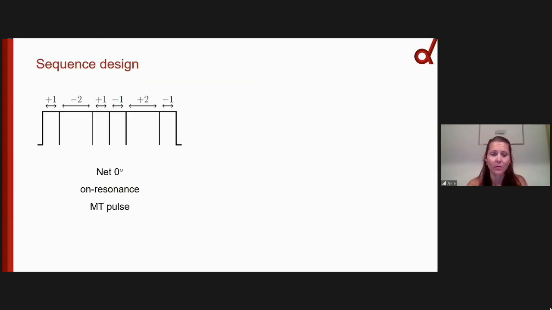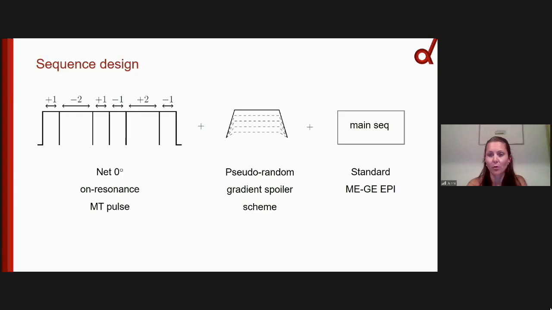We start off with a net 0 degree on-resonance MT pulse, consisting of two non-selective binomial RF pulses back-to-back, reducing on-resonance signal attenuation, followed by this pseudo-random gradient spoil scheme to avoid coherence pathways associated with a signal excited with the MT pulse, followed by the actual main sequence.